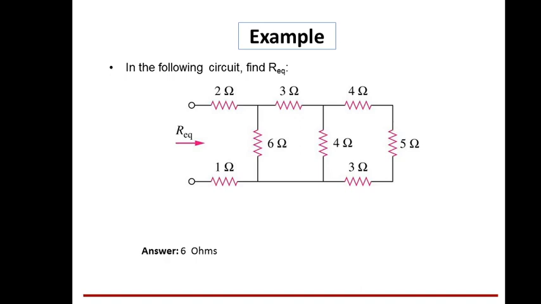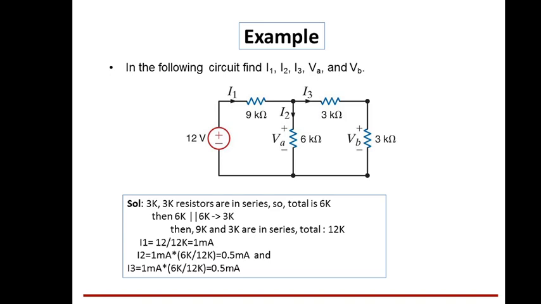Okay, now we will see another one with the voltage and currents. In the following circuit, find the current values I1, I2 and I3, and also voltage values VA and VB in the given circuit. Now you see, already mentioned representations, also directions, because current always has directions and voltage is shown in polarities, positive and negative polarity.